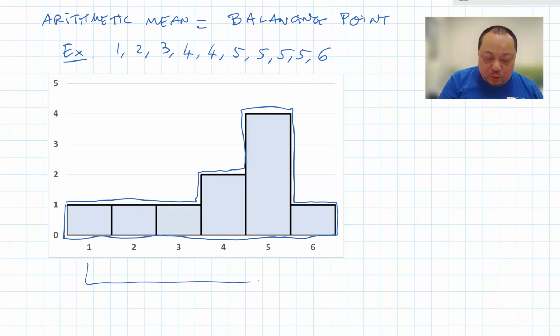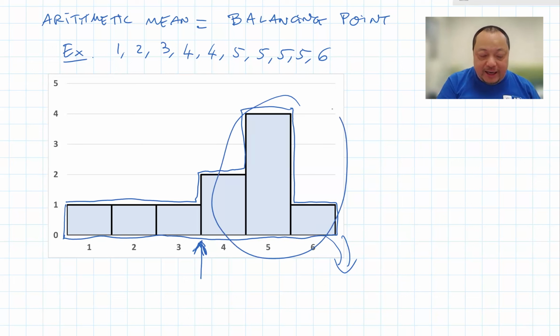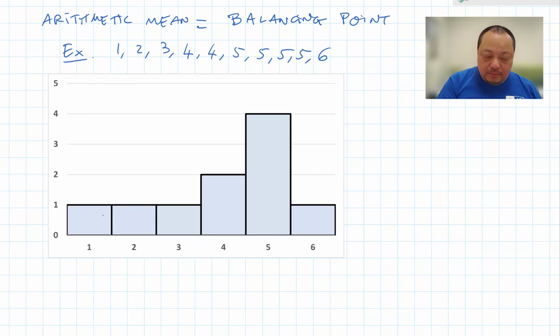Well, if I just take 1 plus 6 divided by 2, I get 3.5, this point. And you can tell that that's not really the balancing point, because then the whole thing would probably tip over this way, right? Because this side is a lot heavier than that side. And if I put the balancing point here, it won't balance, it'll just tip over that way, right?